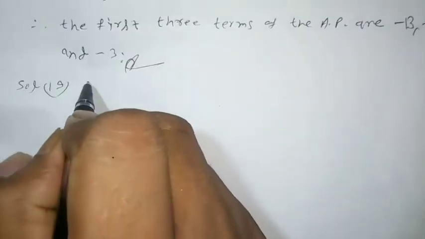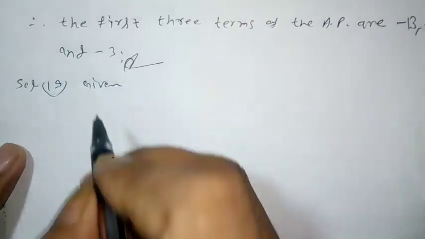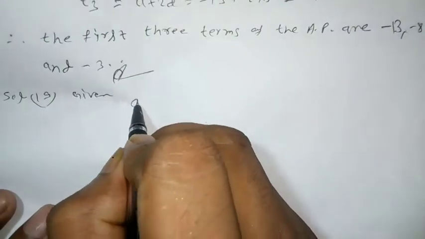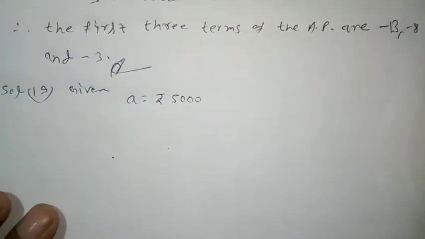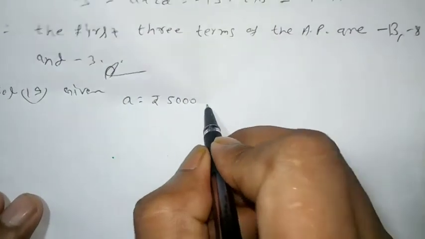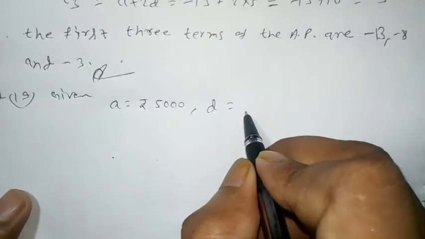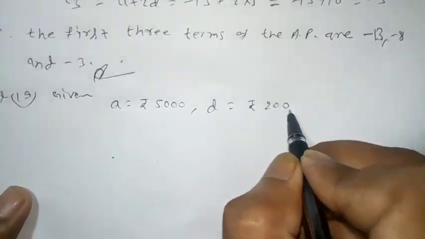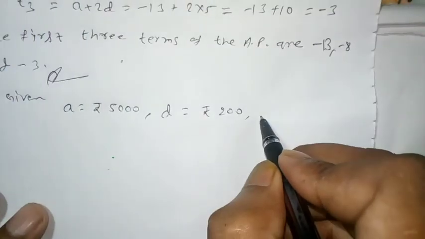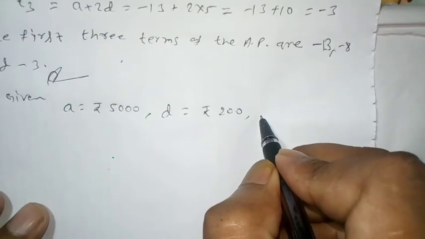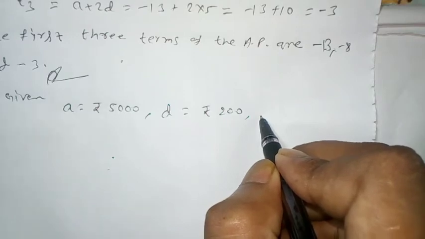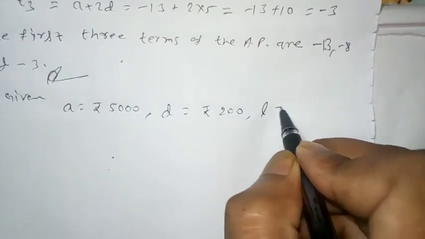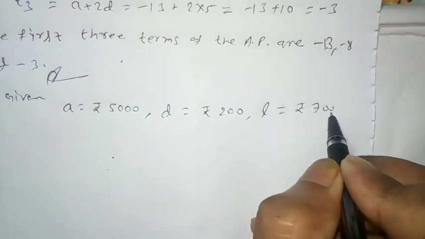Given A is equal to rupees 5,000, every year increment is 200, so D is equal to 200. We have to find in which year Subba Rai gets 7,000 income. Then L is equal to rupees 7,000.